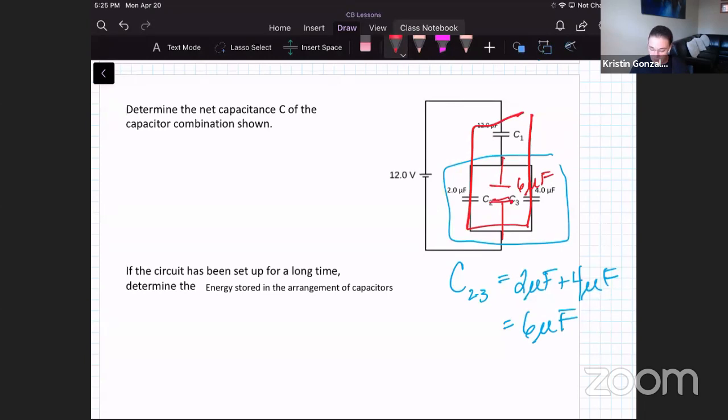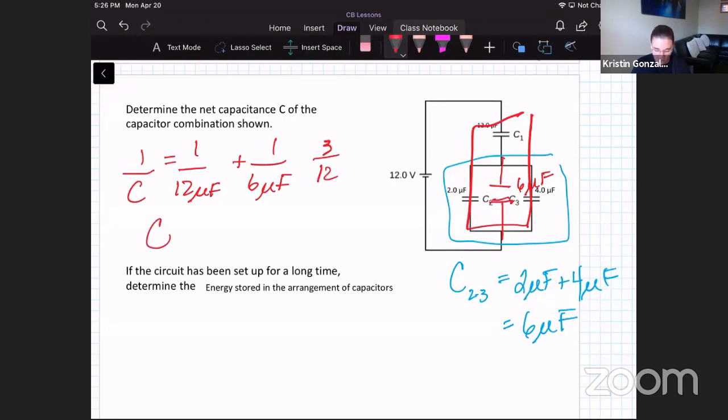So how do we add those up in series? The total capacitance will be 1/C equals 1/C1, which we'll call 12 microfarads, plus 1/ my now 6 microfarads. So I can change my 1/6 to 2/12. That gives me 3/12, but that is 1/C.